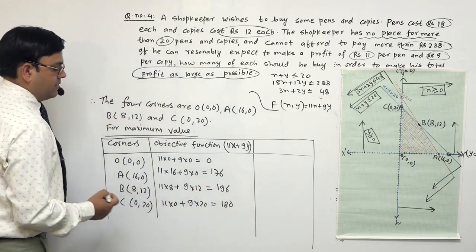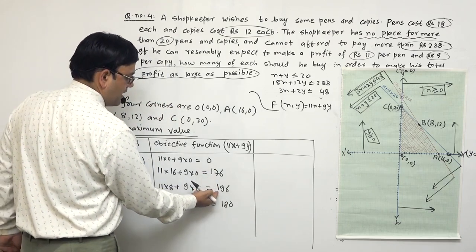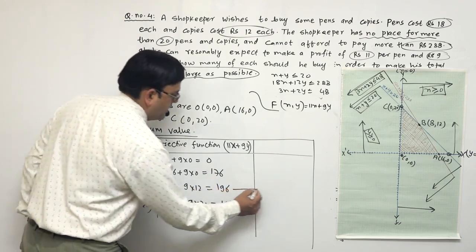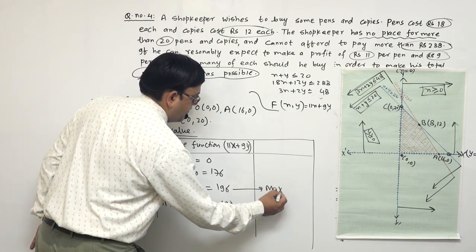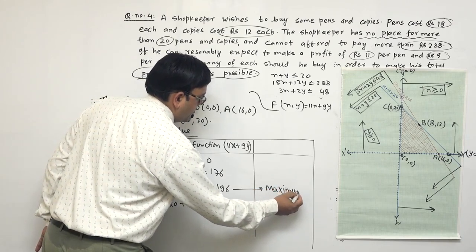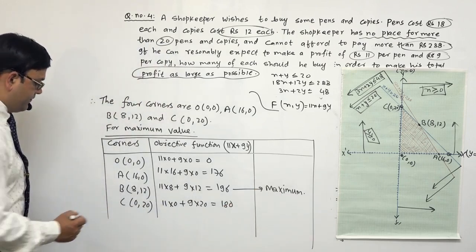So which one is maximum? 0, 176, 196 and 180, and this one is maximum.